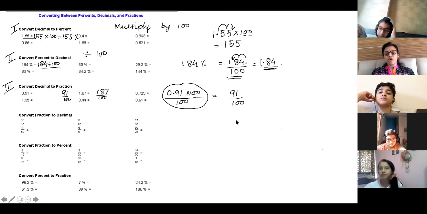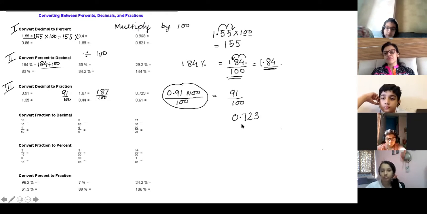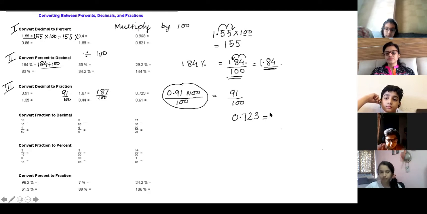So now 0.723, what will be the answer? Anas, tell me what will be the answer if you convert 0.723 into fraction? No, 0.723 I'm asking. 0.723.